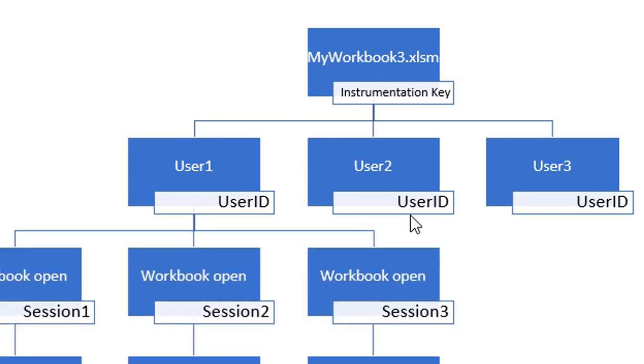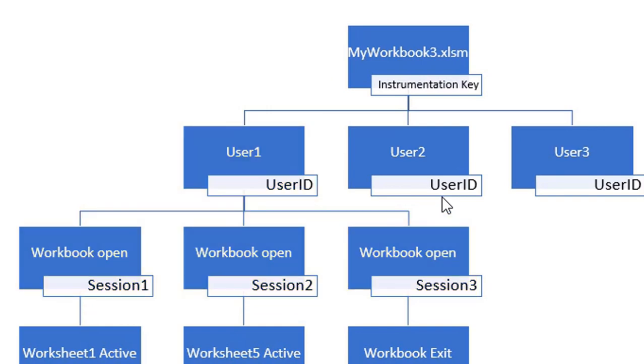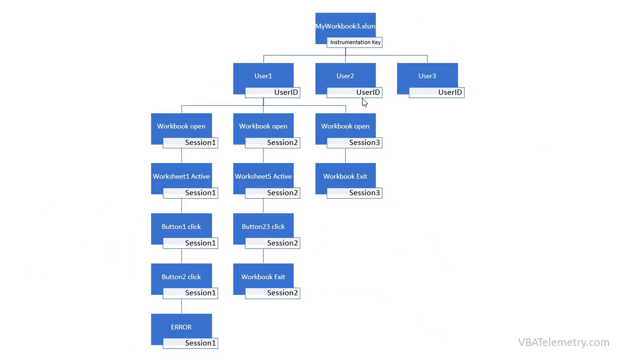Now, let's say that Joe has opened our workbook 3 times. The first time Joe has opened the workbook, this has started a new session that we call session 1. And let's say that we have sent a workbook open event to our Microsoft Azure resource.